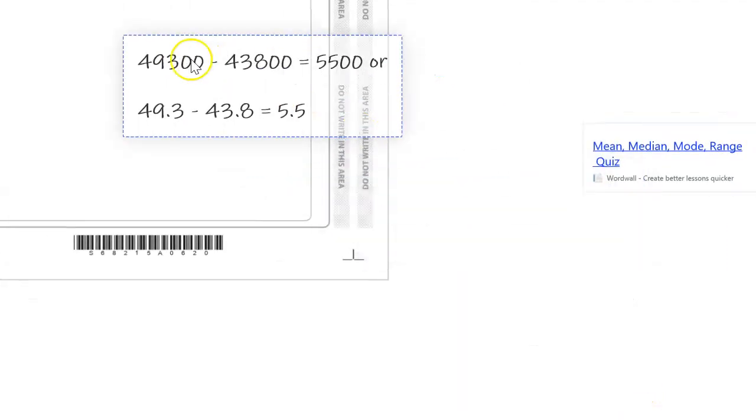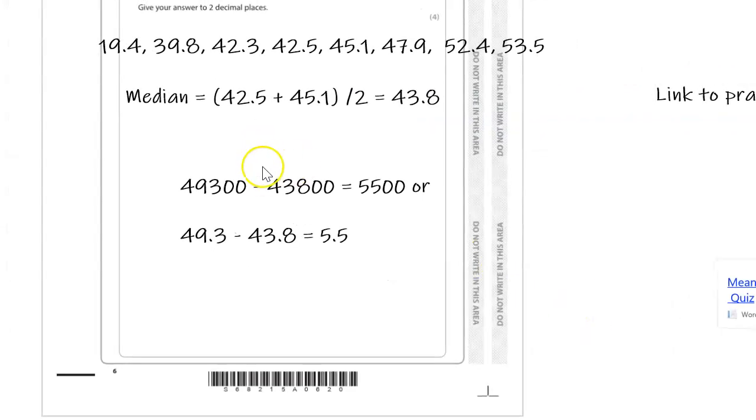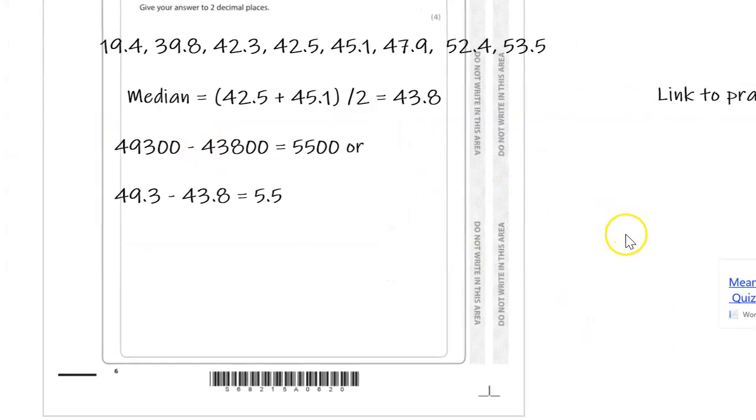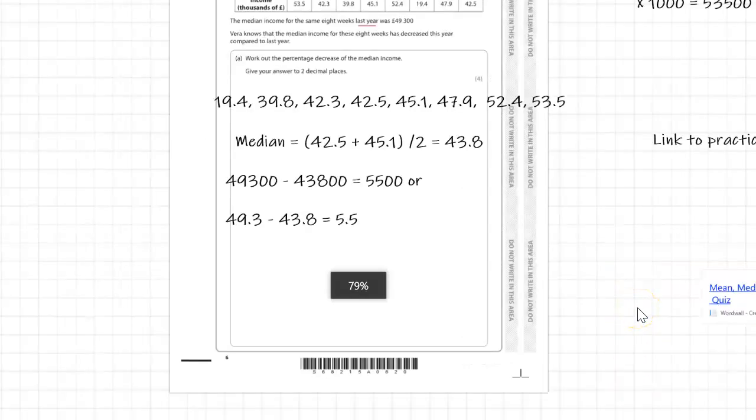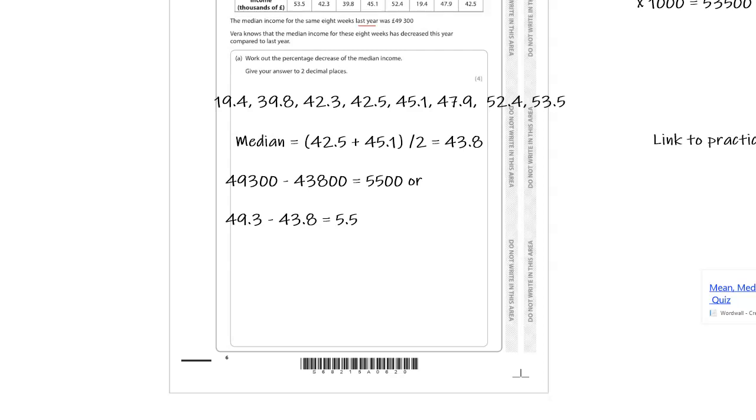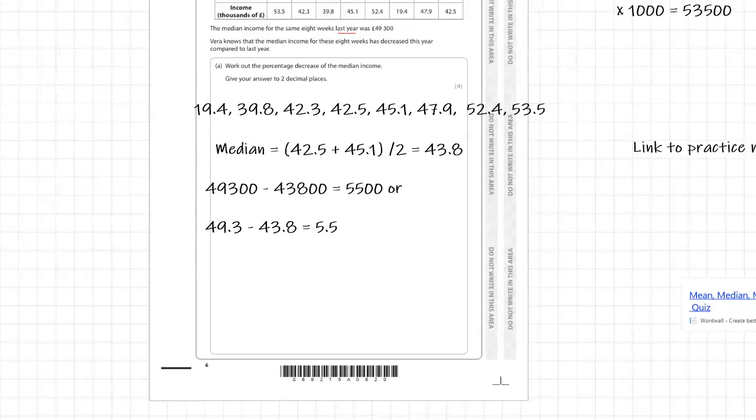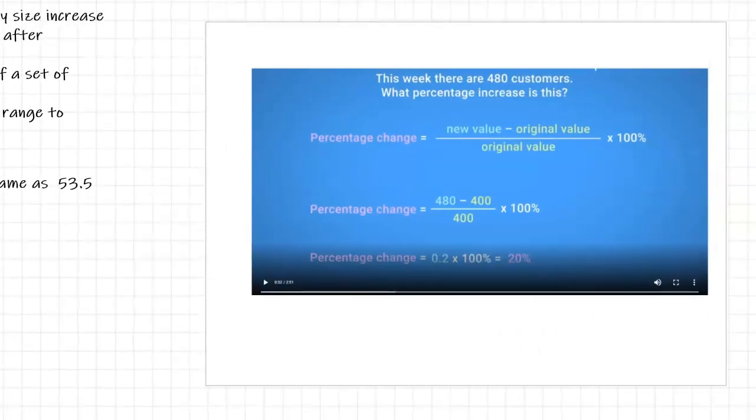So let's put that into the program to show the workings. And then we've got all the information before getting on to the final step of the question. It says work out the percentage decrease of the median income, give your answer to 2 decimal places. So that is percentage change.